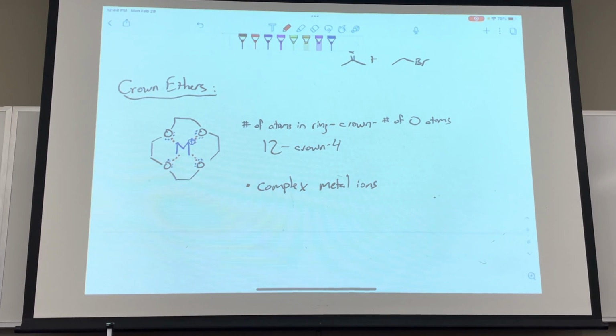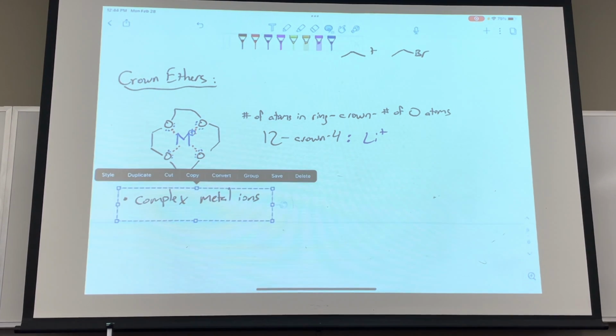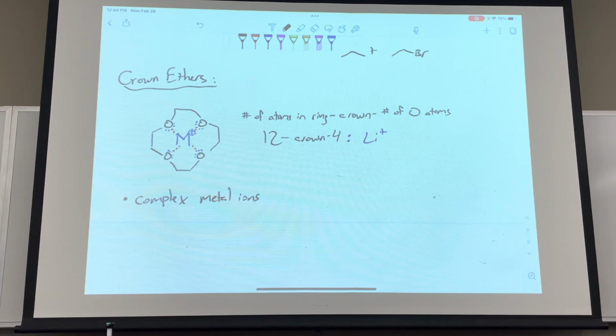So 12 crown 4 would be used for complexing lithium. If you go up to the next size up from the 12 crown 4, it would be 15 crown 5.